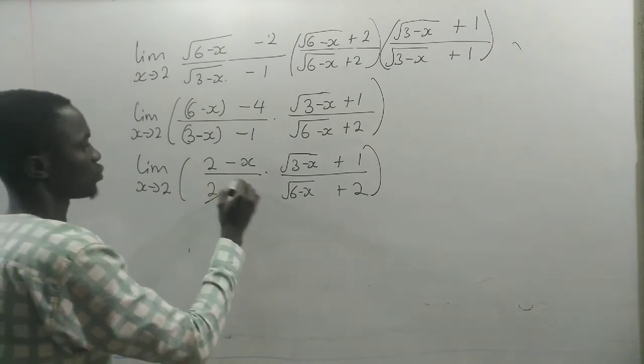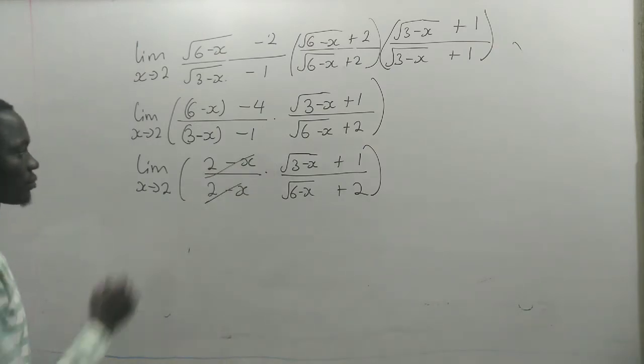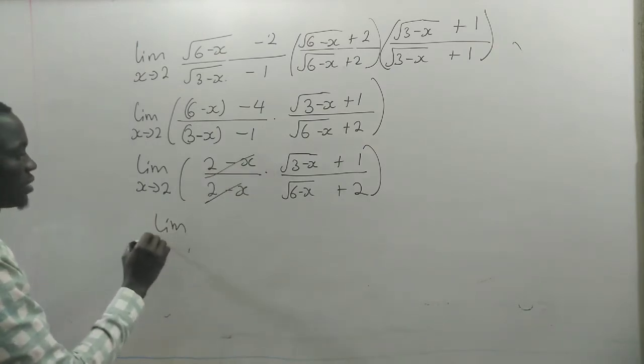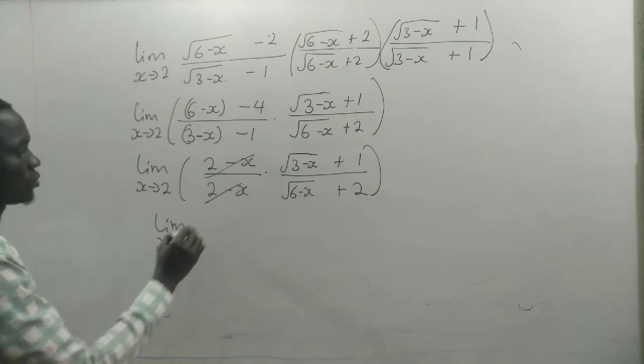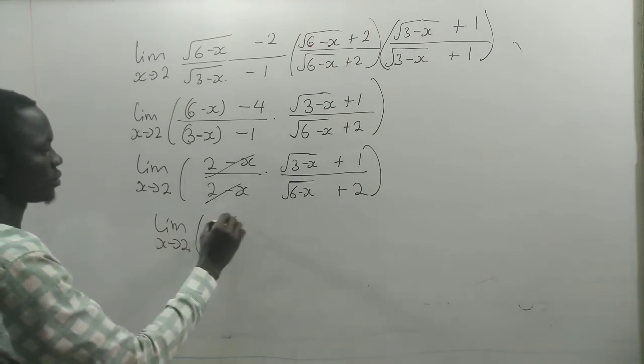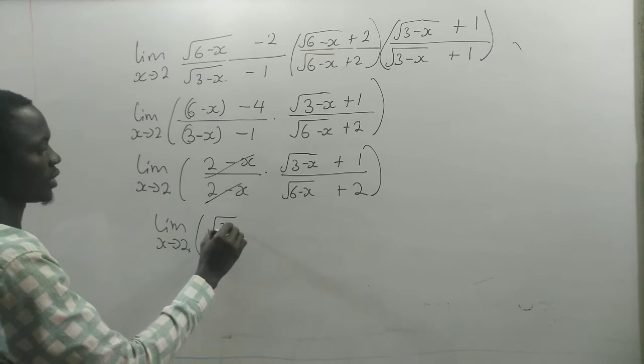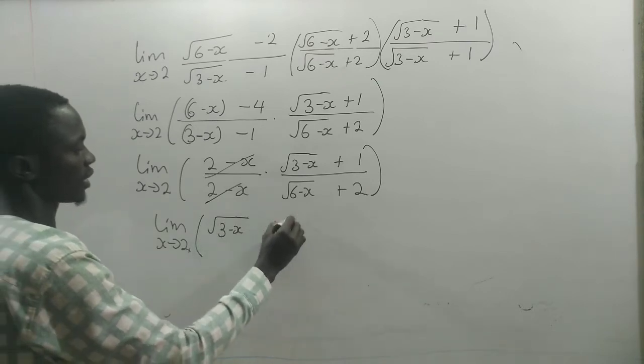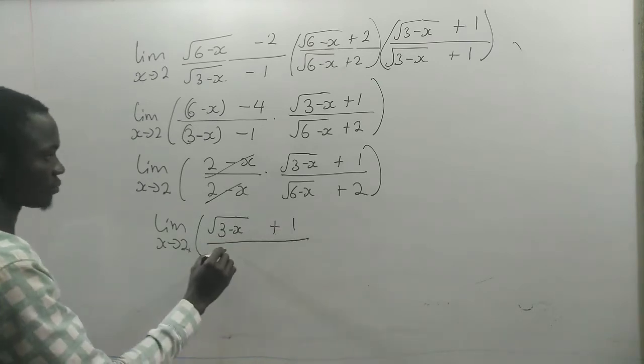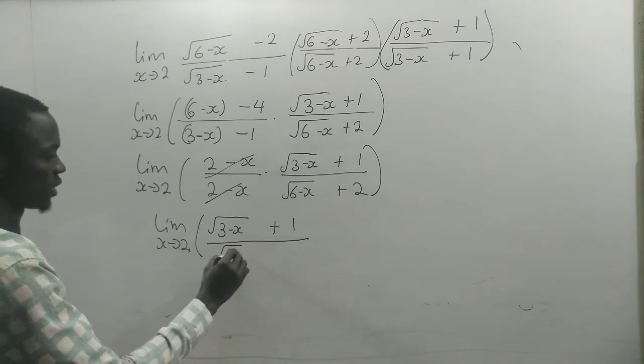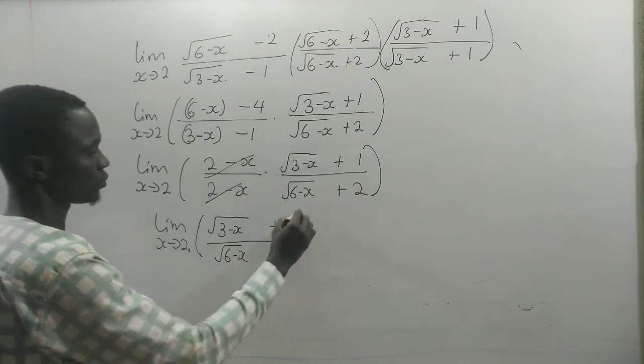And you see that here this one will cancel this out. We have the limit as x approaches 2 of root of 3 minus x plus 1 divided by root of 6 minus x plus 2.